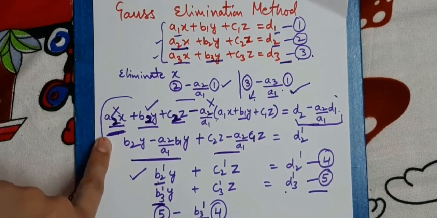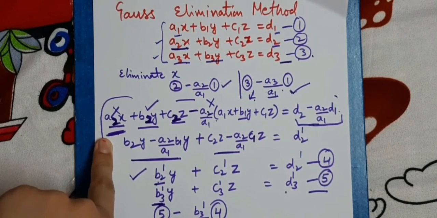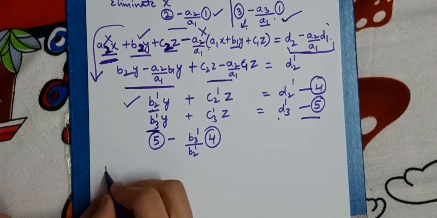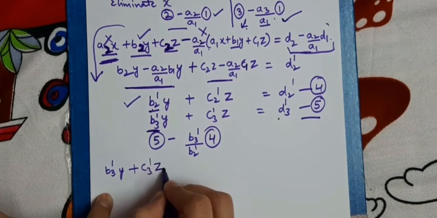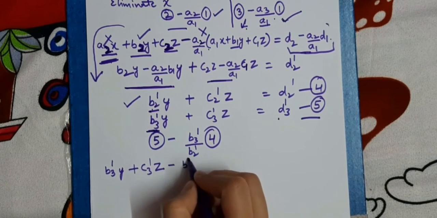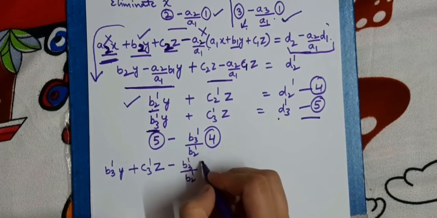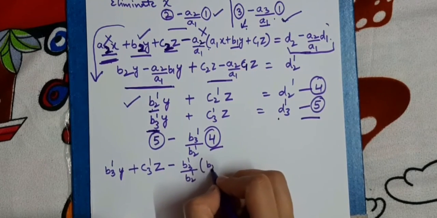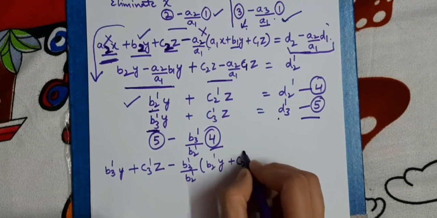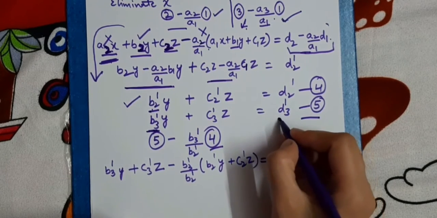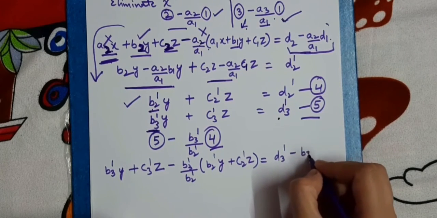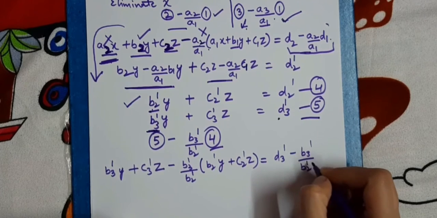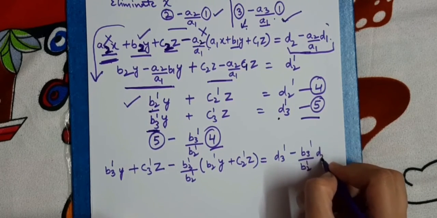The procedure is the same but the equations are different. Fifth equation is b3 dash y plus c3 dash z, minus b3 dash divided by b2 dash times the fourth equation, b2 dash y plus c2 dash z, is equal to d3 dash minus b3 dash divided by b2 dash times d2 dash.